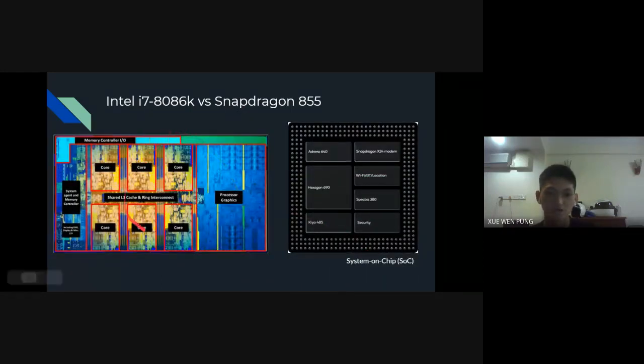Moving on, this is the die illustration diagram for the Intel i7, and this will be for the Snapdragon.